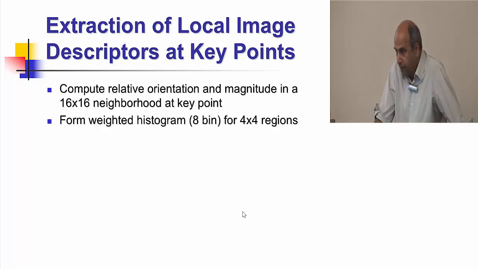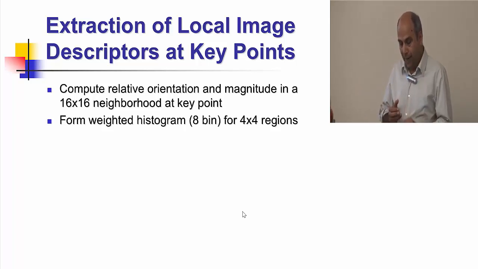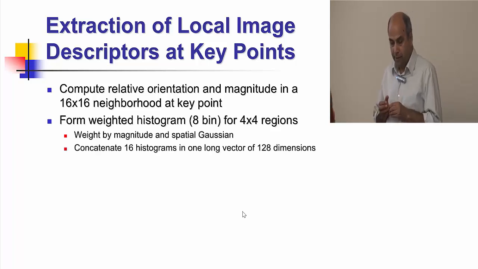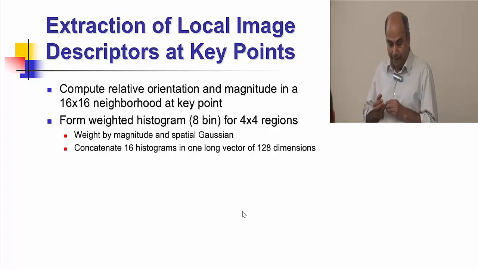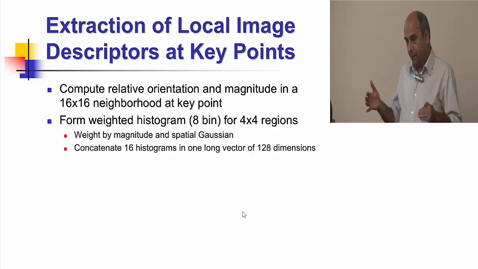And we'll divide the 16 by 16 into 4 by 4 regions, so we will have 16 regions. For each region, we will have a histogram with 8 bins. So we'll have 16 histograms, each of size 8. So 8 times 16 is 128. That will be the descriptor, which is called the SIFT descriptor.